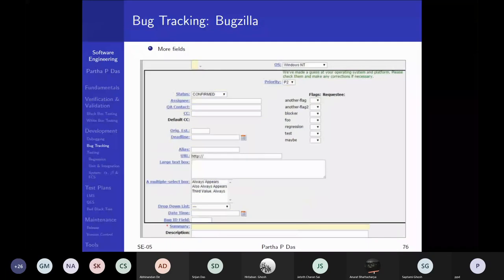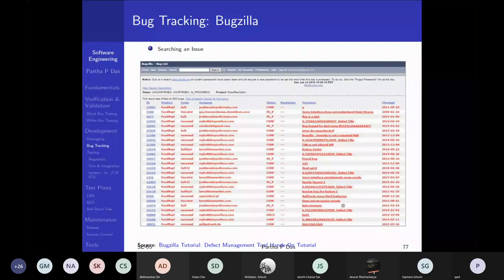There could be more information given here in terms of deadline, estimated time, and so on and so forth. And at any point of time in the system, one may be able to see the list of bugs that exist.